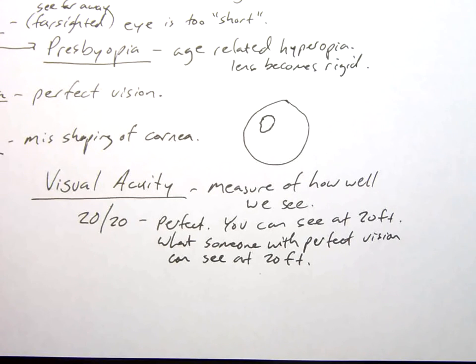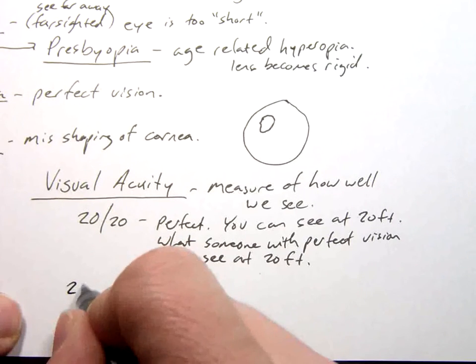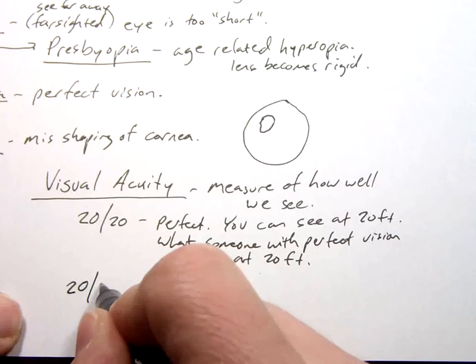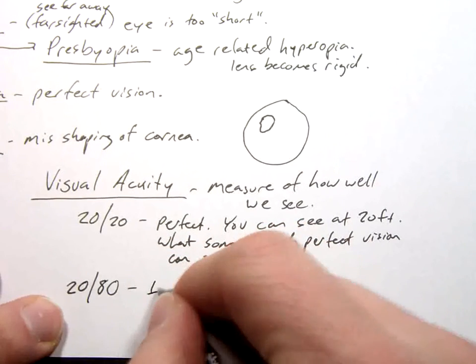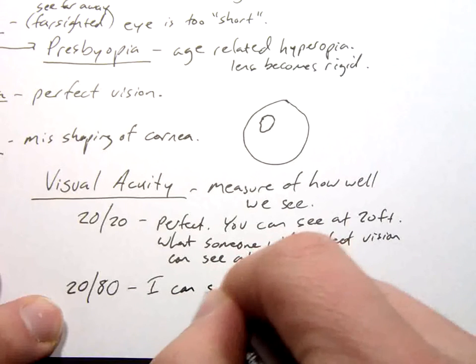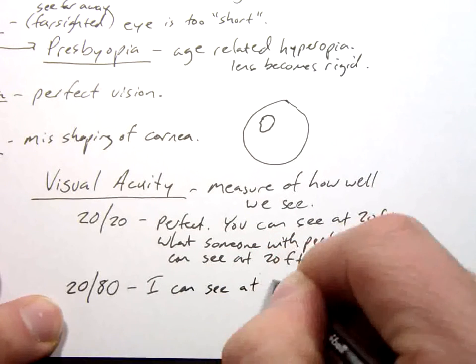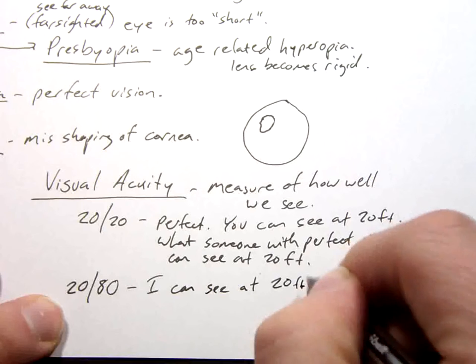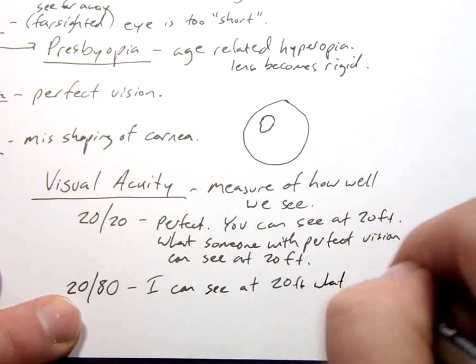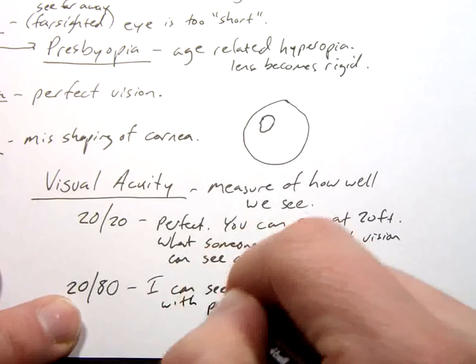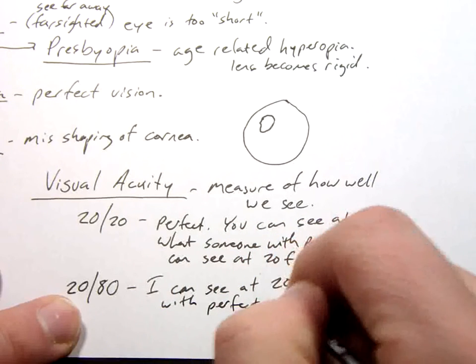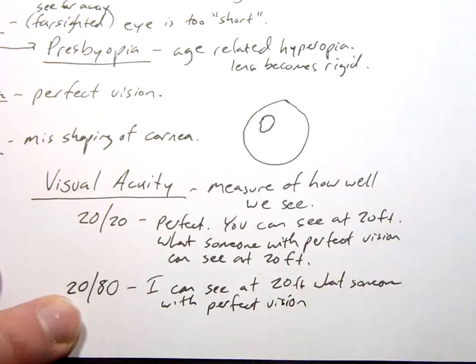Yay! Well, let's look at my prescription here, where my visual acuity is 20/80. It means that I can see at 20 feet what someone with perfect vision can see from 80 feet away.